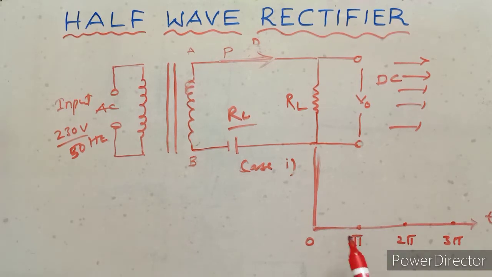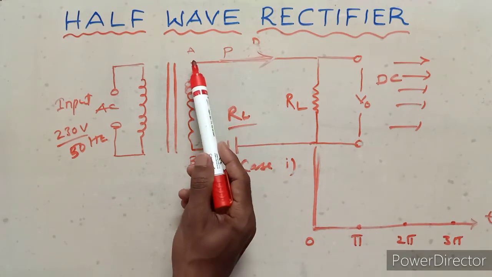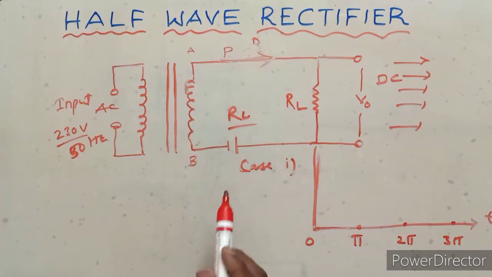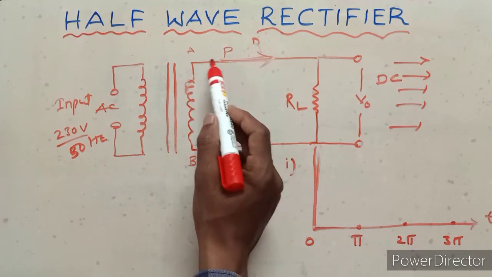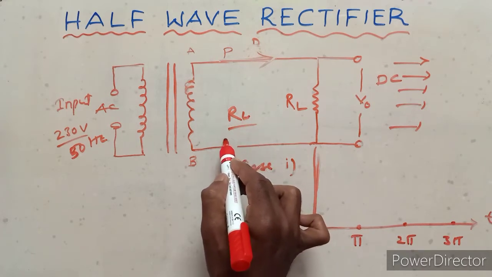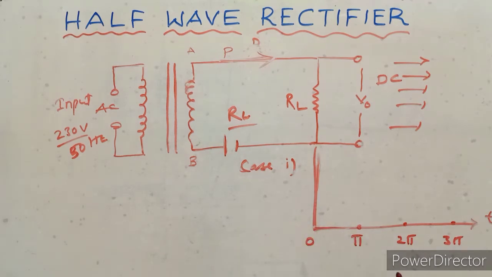In the first half cycle, consider A of the secondary is positive, that is the PN junction is forward bias. Forward bias means P type of semiconductor is connected to positive terminal of the battery. N type of semiconductor is connected to the negative terminal of the battery. That is the pure connection. In the forward bias, the current is allowed to flow through the load resistance. This is the one half cycle.